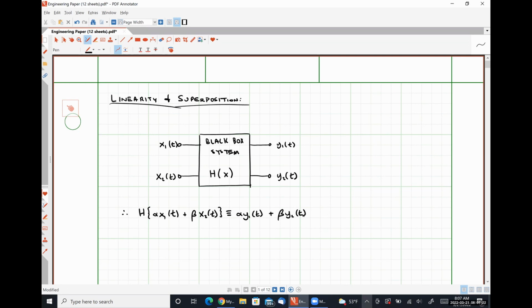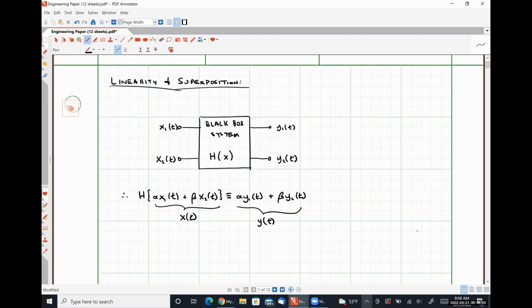Or another way of thinking about this is h is acting on a single input x of t and generating a single output y of t, where our total input signal x can be decomposed into parts which are scaled by varying factors. So this mathematical relationship contains two discrete properties.